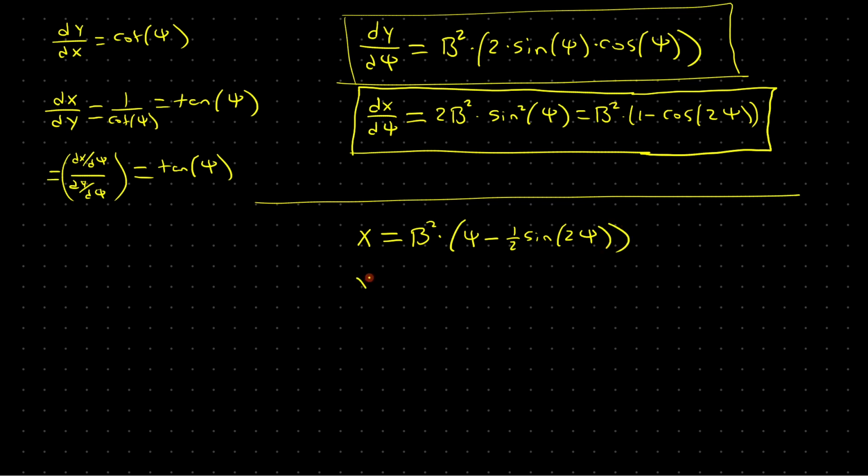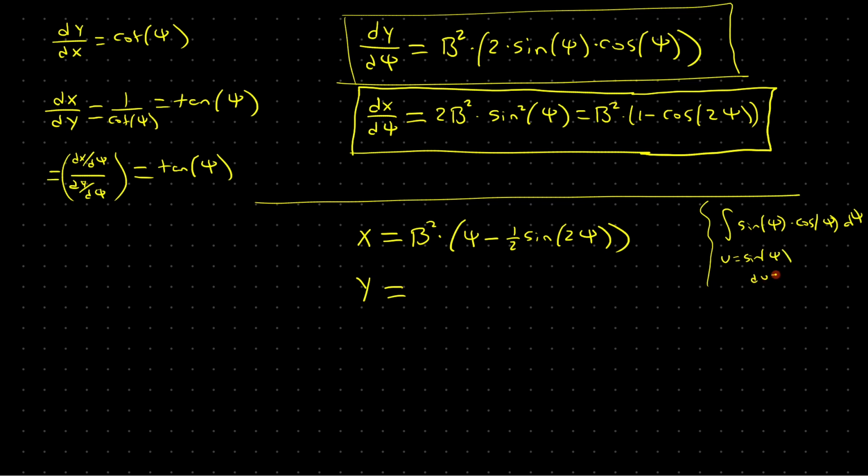And the second antiderivative with respect to psi is a little bit more complicated, but it's not too bad. It's going to be done by a u substitution. You basically have the integral of sine of psi times cosine of psi d psi, and you do a u substitution of u equals sine of psi.